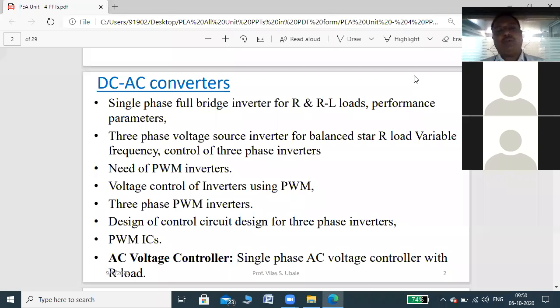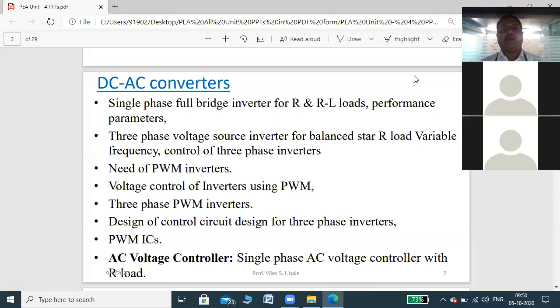So both single phase and three phase supplies can be used. Again, why is three phase used, or why is single phase used? A single phase inverter consists of a single phase voltage, but in industry, in some applications, we require a very large voltage, something in kilovolts, and that is not possible with a single phase supply.